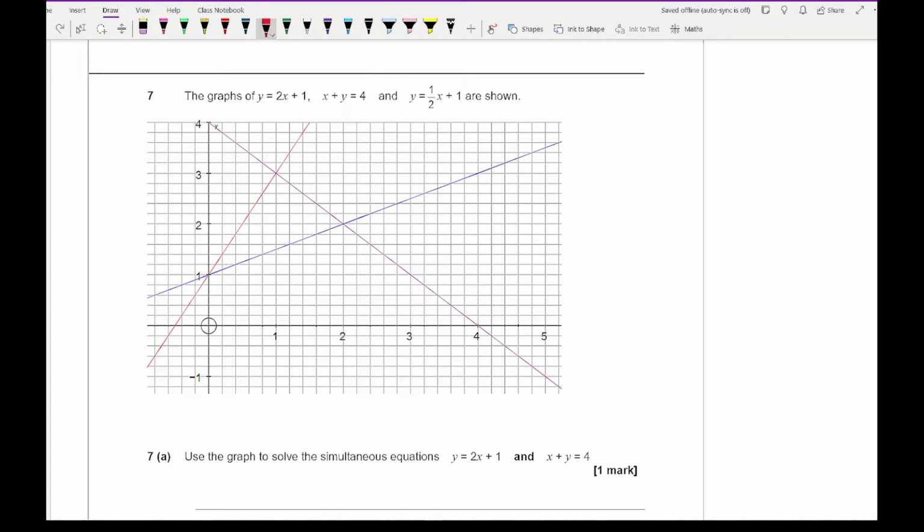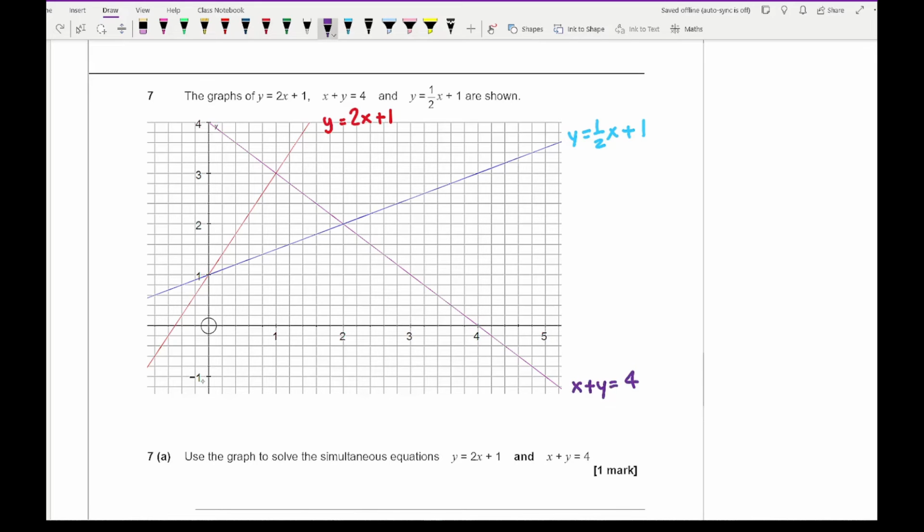So here, it's worth noting what the equations are. The red line is y equals 2x plus 1. The blue line is the equation y equals a half x plus 1. And the purple one is x plus y equals 4.